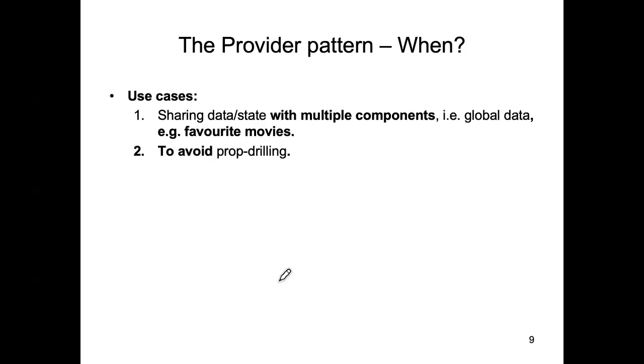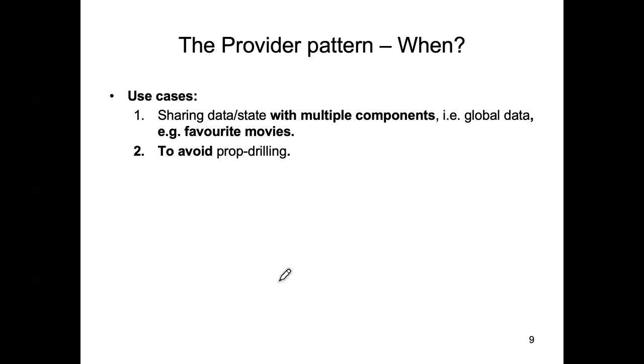So when do we use the provider pattern? It has a very specific use case in relation to React. It is if you've got some data that a number of components, and typically it's data that you might have retrieved from your web API, need to access or need to know about. In other words, it's shared data.